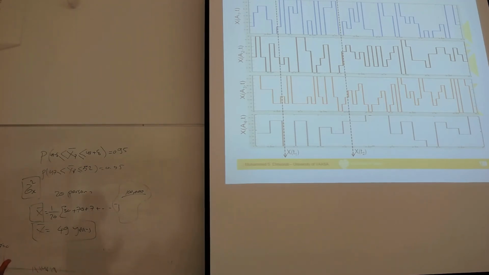Now we need to modify the probability theory, or the probability concept, to add also the time domain. Now we have a random process.